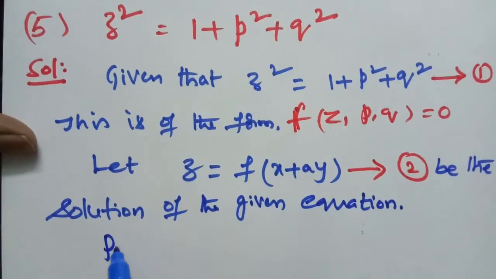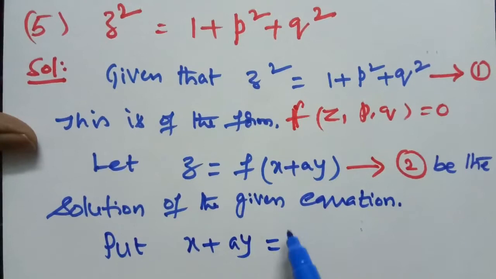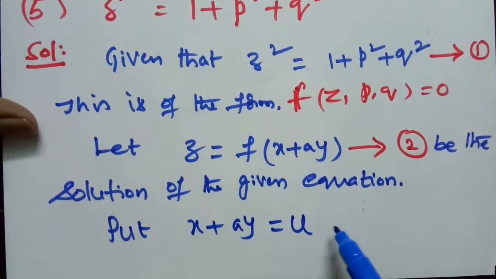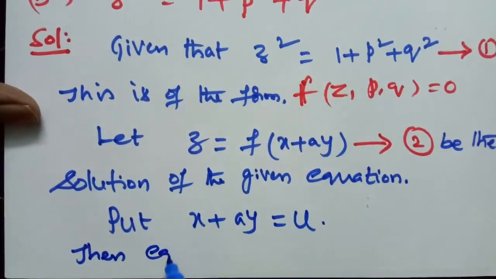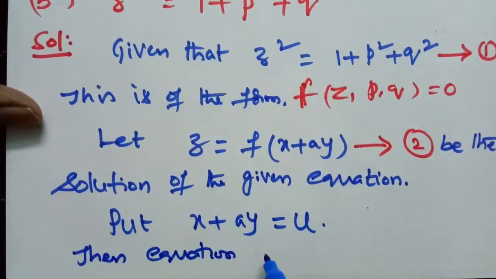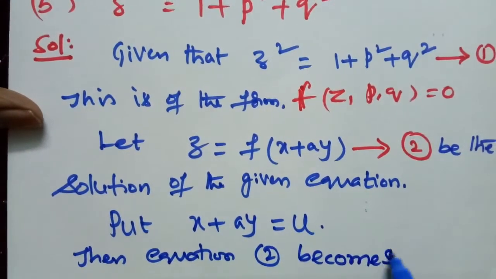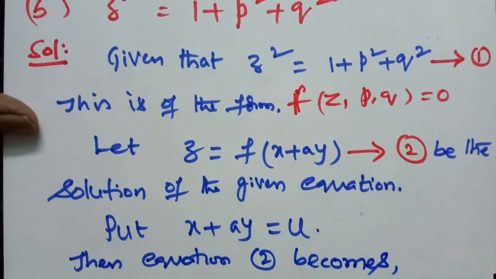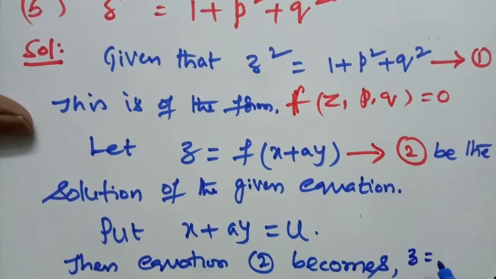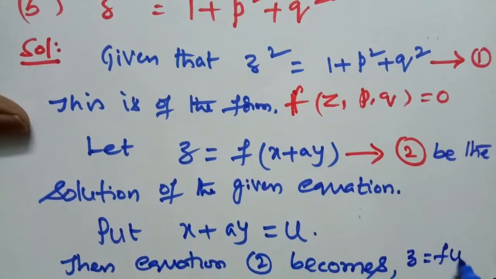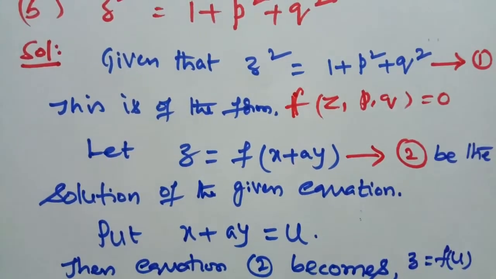And put x plus ay is equal to u. Then equation 2 becomes z is equal to f of u. Say this is equation number 4.